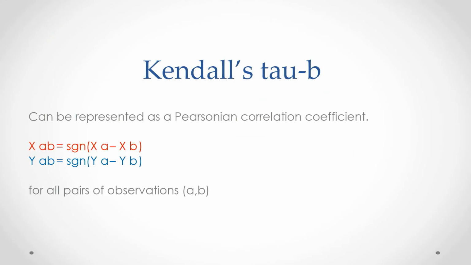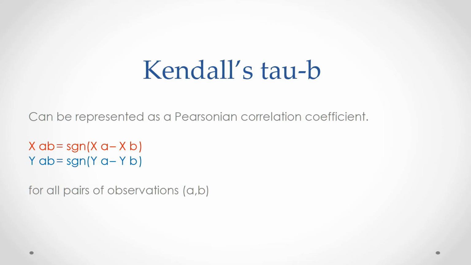Kendall's tau b has an interesting property in that it can be represented as a Pearsonian correlation coefficient. To this end, let us define for each pair of observations XA, YA and XB, YB, XAB, which is equal to the sign of XA minus XB.